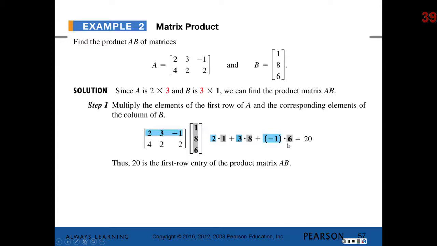You add all those together, and that's going to give you 20. Then you do the same thing. 4 times 1 plus 2 times 8 plus 2 times 6 is going to give you the second row entry.